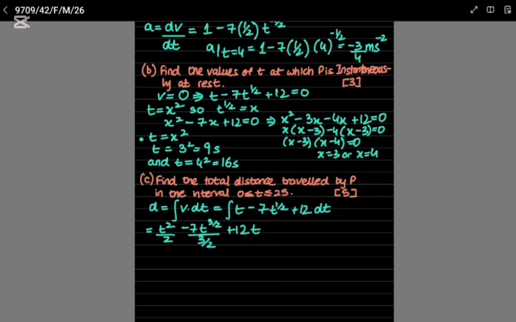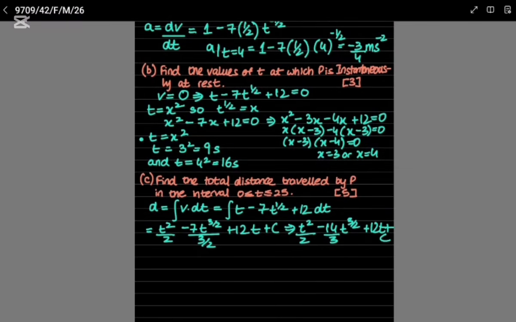Now I won't put the constant of integration. Alright, let's just put it as of now, but you won't need the constant of integration. So this gives us t squared over 2 minus 14 over 3 t to the power of 3 over 2 plus 12t plus c. You won't need the constant of integration because we are going to put the limits, the boundaries.